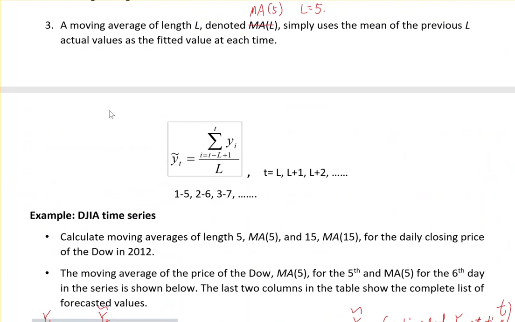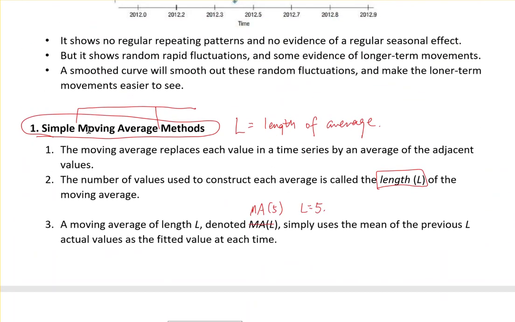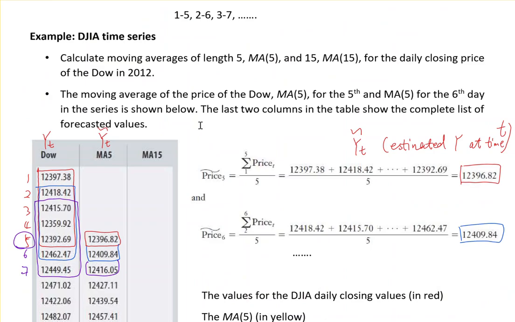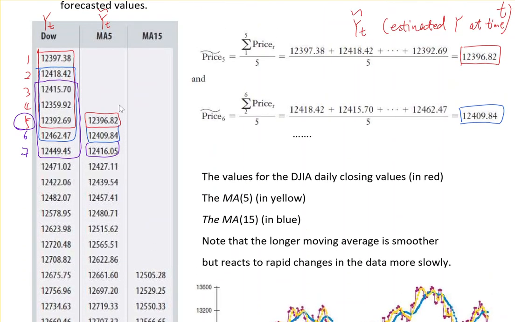So the overall name of this method is just the simple moving average method, MA for short. Moving average method.